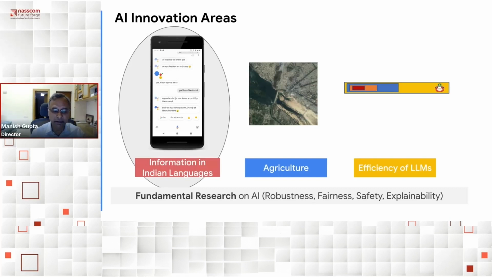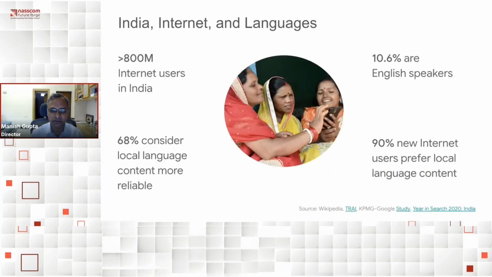So let's start with looking at how we provide access to information. The motivation for this work is fairly obvious. As one of the previous speakers, Kalika, was also pointing out, often these technologies are developed for the global north. For those of us who are the privileged ones attending this conference, who can understand English, life is good.